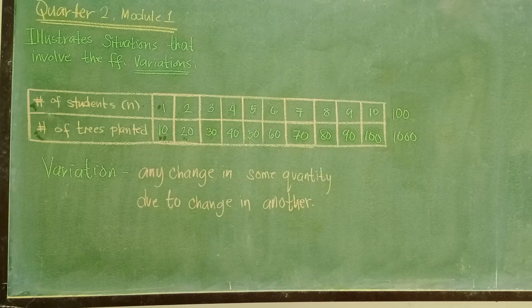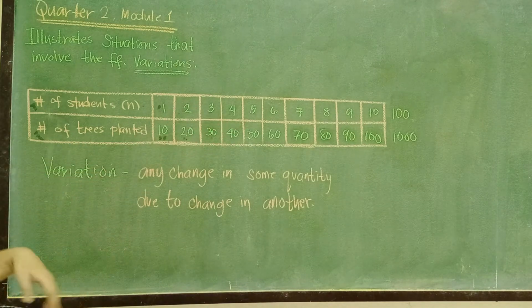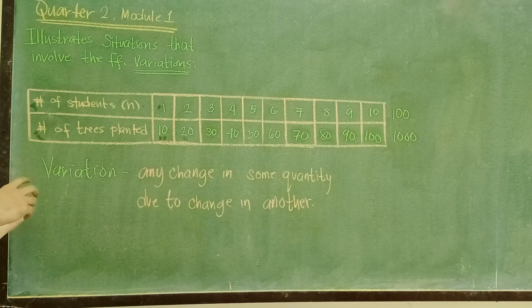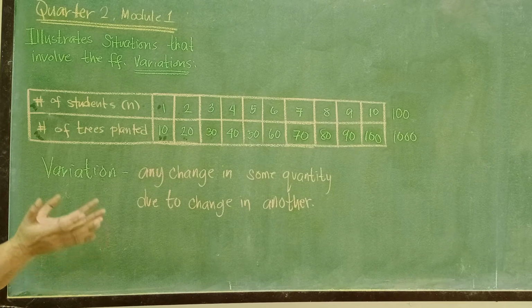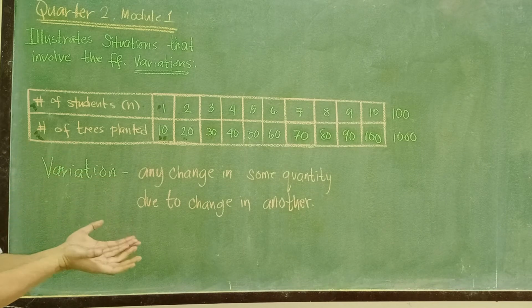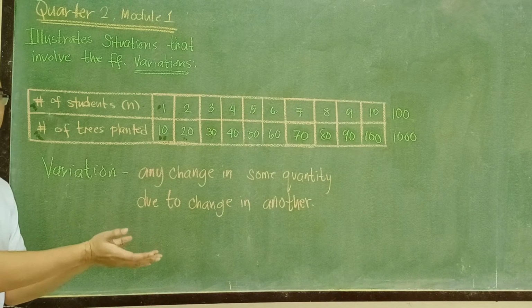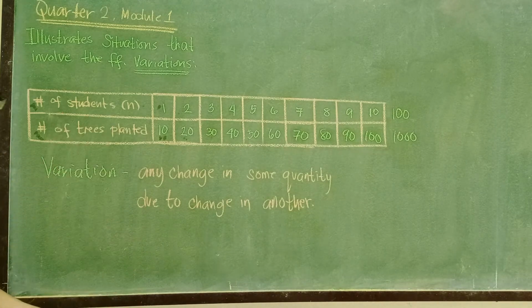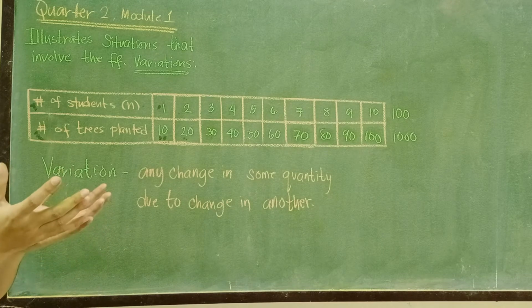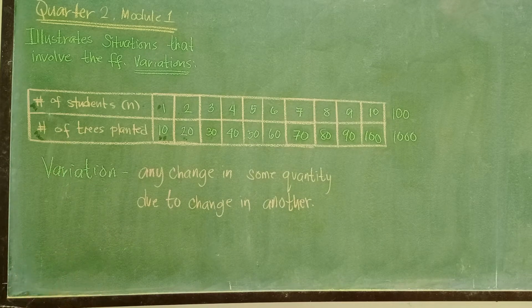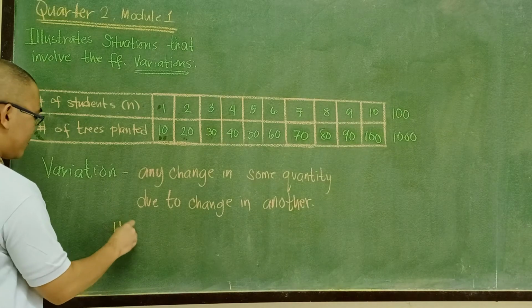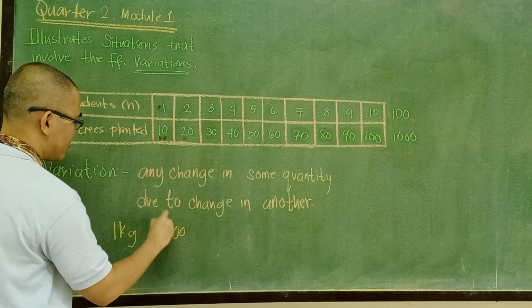Isang example nito na nakikita natin is yung binibili natin sa palengke. Or this table, this example, kapag dumadami yung estudyante, dumadami din yung trees na tinatanim mo. Another example is kapag bumibili kayo sa palengke, kapag mas mabigat o kapag mas marami kang binili na, let's say, isda, mas malaki yung babayaran mo. Mas mabigat, mas malaki yung presyo na kailangan bayaran. For instance, kung bibili kayo ng 1 kilo, magbabayad ka ng 100 pesos.